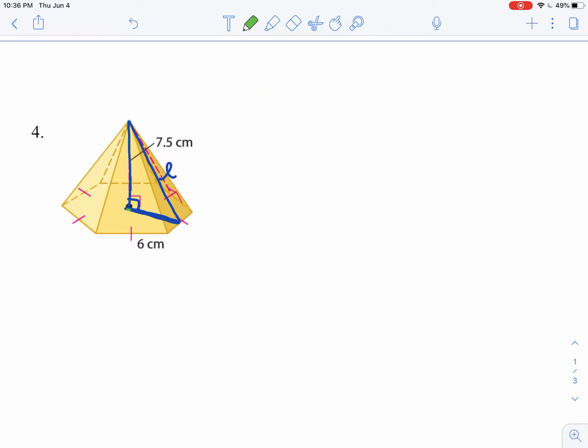So now if I connect my apothem to any vertex of the base and back over, this is the triangle that we've drawn many times inside of our regular polygons. So this is just on the base or the bottom of the pyramid, and it looks like this. So if the side of the base is 6 centimeters, the bottom of this little triangle is only 3 centimeters.